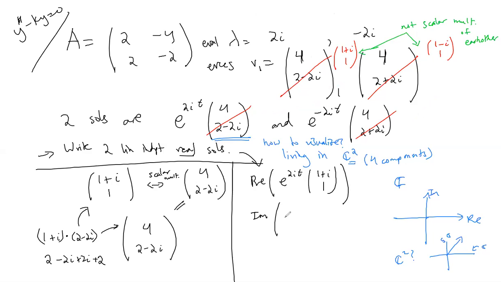And the imaginary part. If you take the real part of this vector and the imaginary part of this vector, those are going to be two linearly independent real solutions.